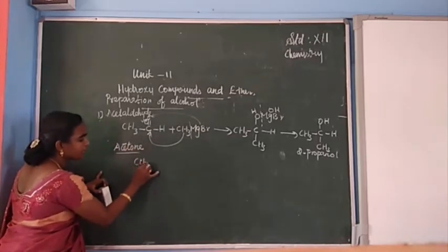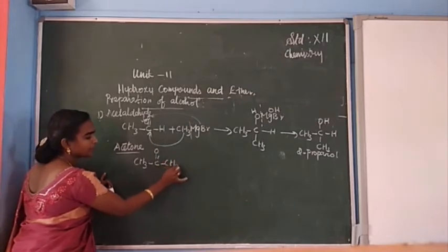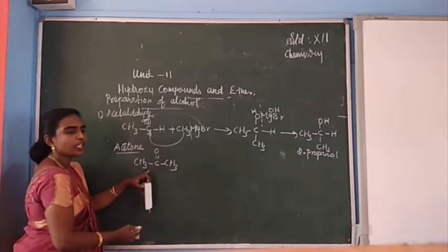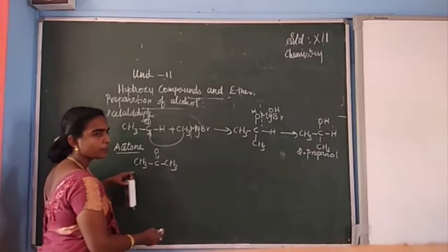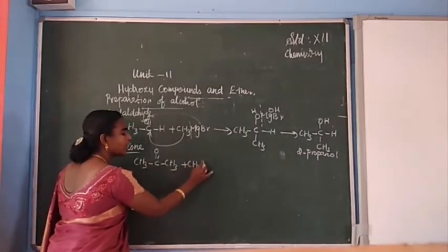Next, acetone, formula CH3 C double bond O CH3. With the acetone, Grignard reagent should be added as CH3MgBr.